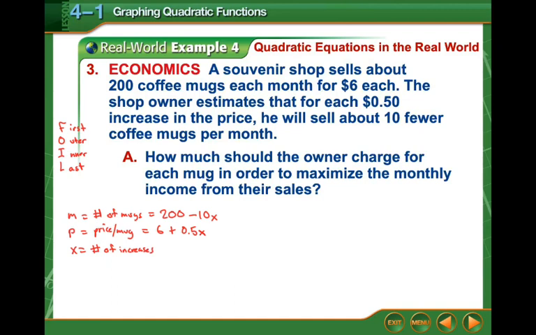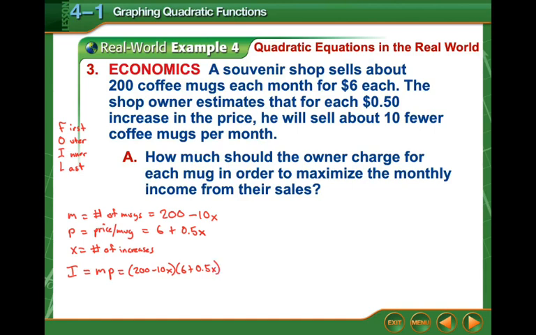So we know that when we multiply these two equations, we get our income, the number of mugs times the price per mug, right? That tells you how much he's going to make. So that means we're going to multiply these two binomials together: 200 minus 10x and 6 plus 0.5x.